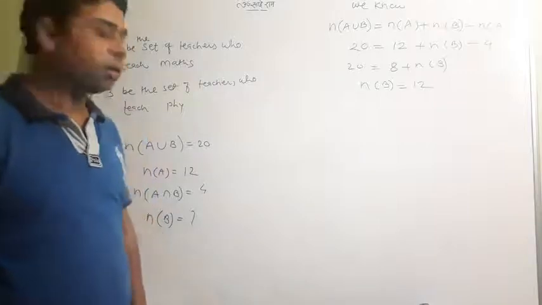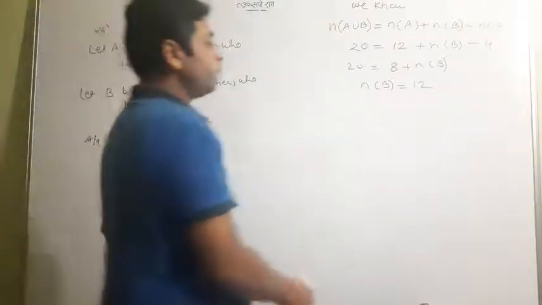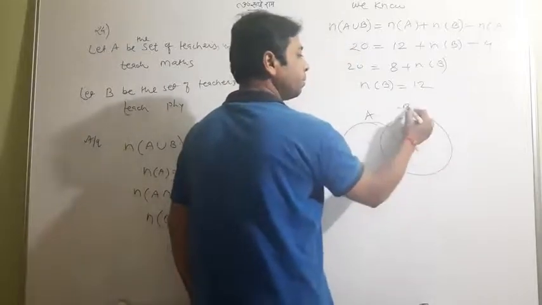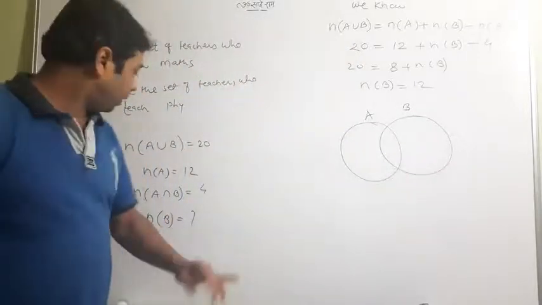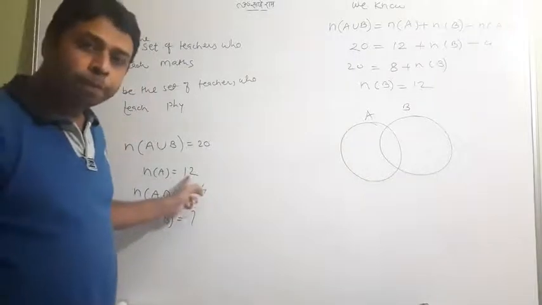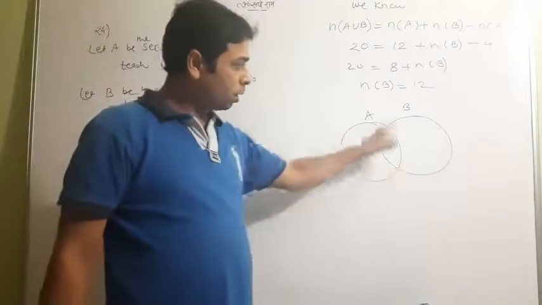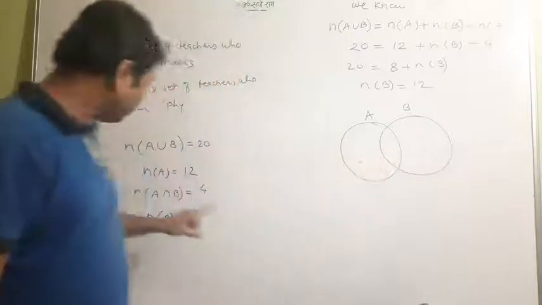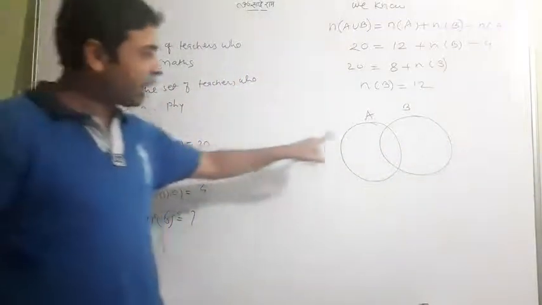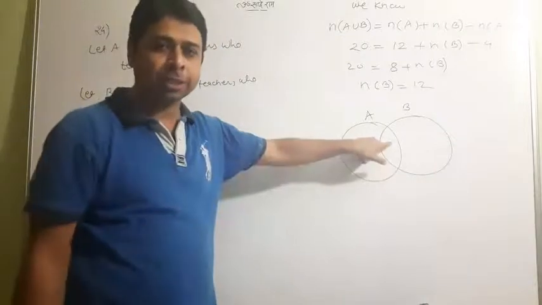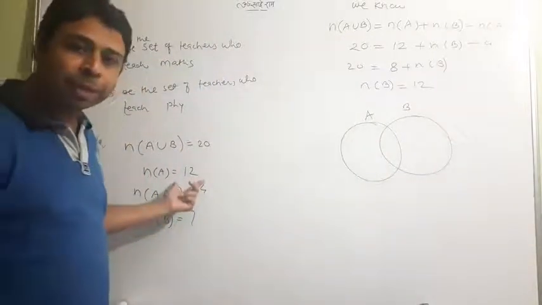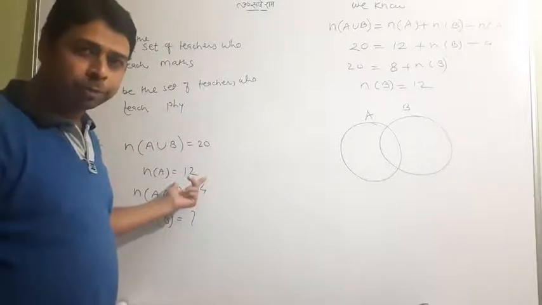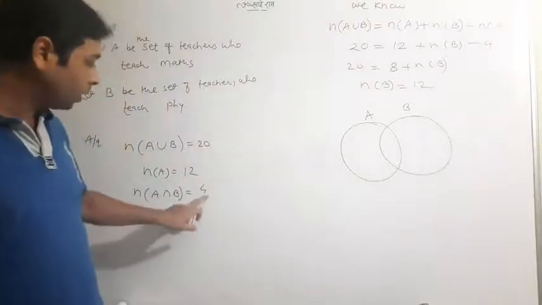I don't think you can't understand it. Let me clear one thing which students have to understand. If I ask you what is N of A, which is 12, this 12 means the whole set, and this section is common. In this 12 we have some teachers who also teach physics. 12 is not a pure mathematics teacher count, because 4 is common.